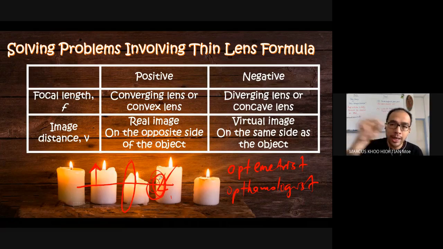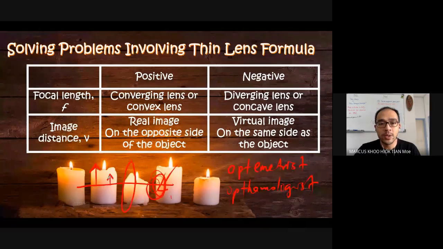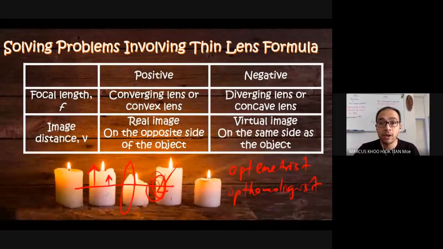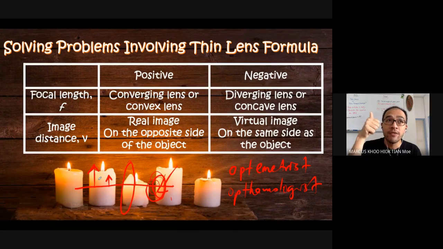If after you calculate, you find that the image distance is negative, then you know that the image is virtual. Which means that sini dia punya object, tapi sini dia punya image. If you remember from last week's lesson, you get this kind of image if you're using a concave lens. Concave is always virtual, VUD: virtual, upright, and diminished.